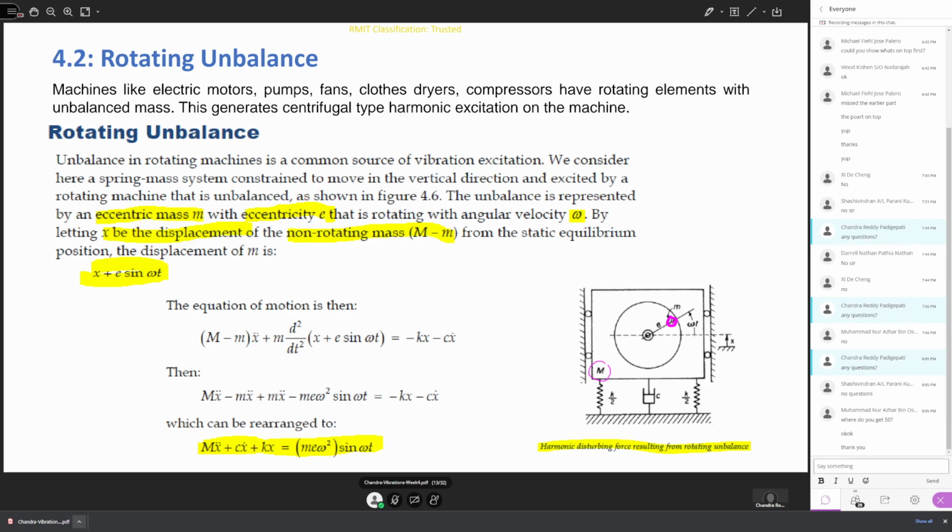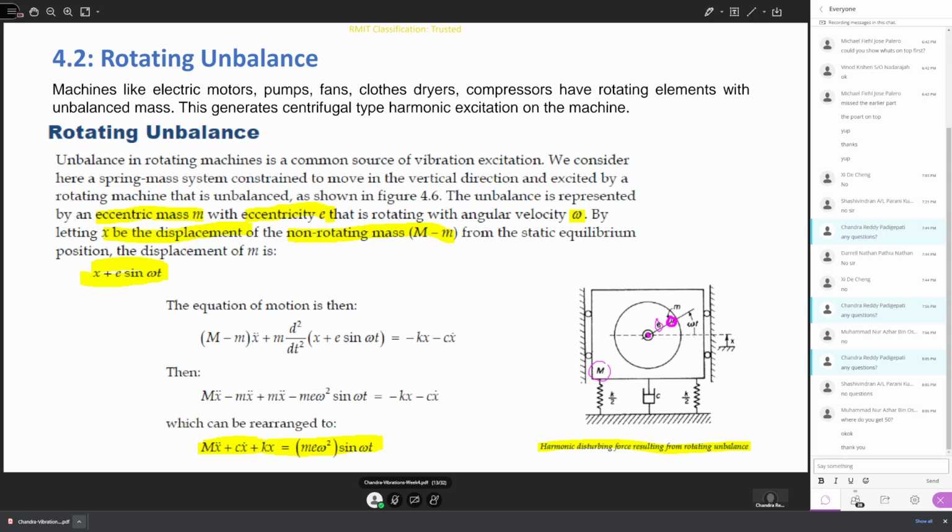E is the eccentricity, as we call it. Consider this is your axis of rotation. The mass m is placed at a distance e from the axis, and we call e the eccentricity.